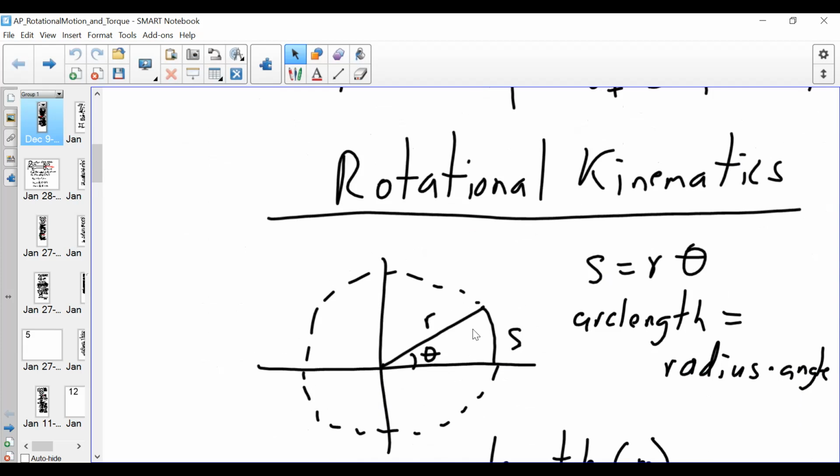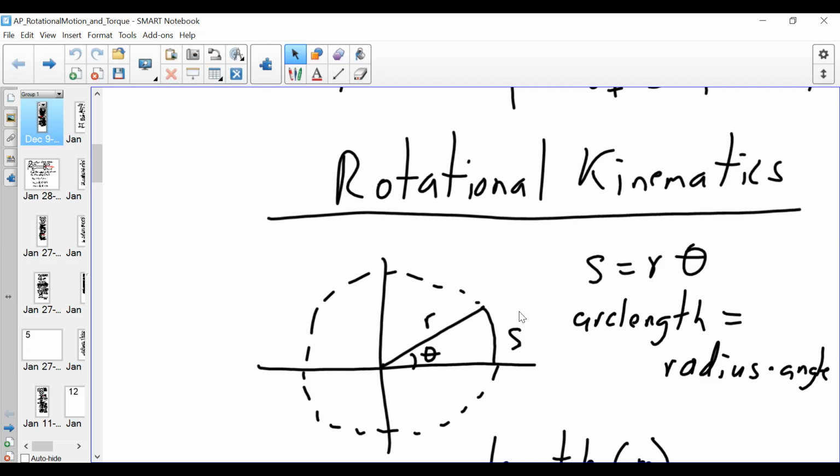So if we're on a sphere or spinning top or a fan, as we saw in that previous video, and we take a look at a particle on the outside of this circle, we know that it's going to go around the circle in the circumference that we know as 2 pi r.